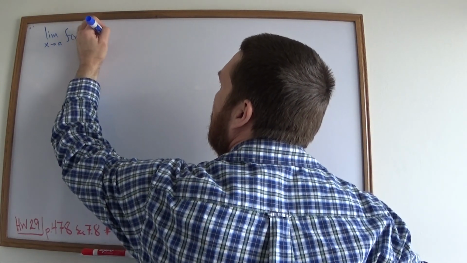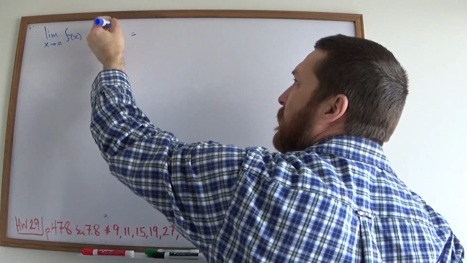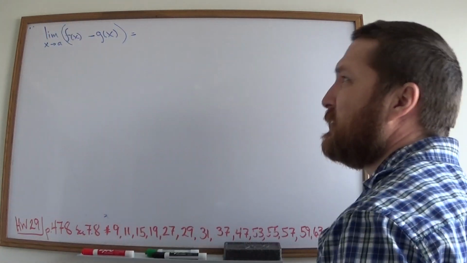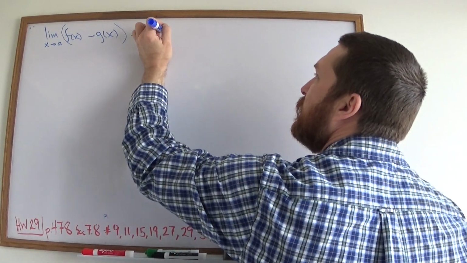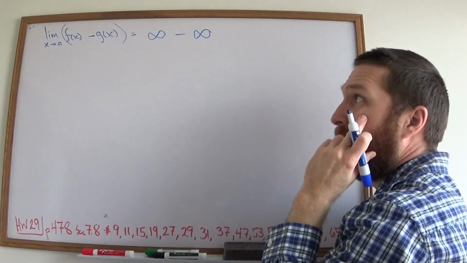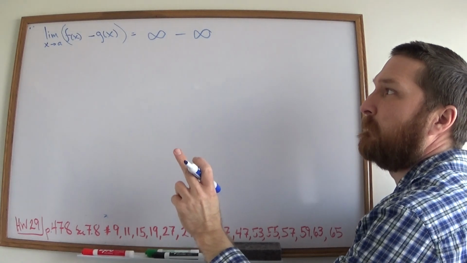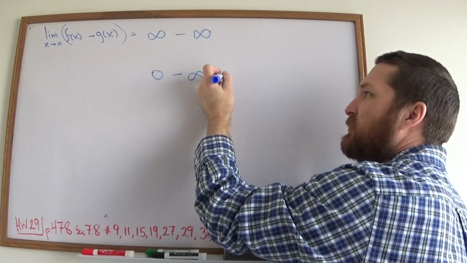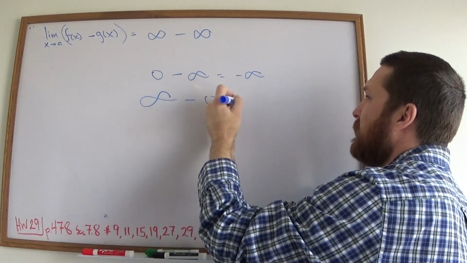Now we have the indeterminate difference. If you have the limit of f of x minus g of x, this goes to infinity minus infinity. Now note, this is tricky, because 0 minus infinity is just minus infinity, and infinity minus 0 is just infinity.